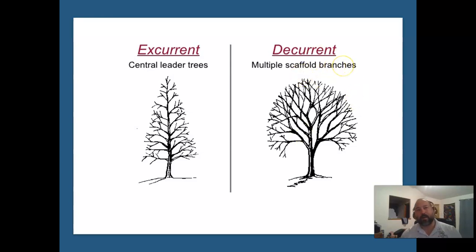Even in hardwood broadleaf trees, where you think of it as more of this decurrent form, sometimes we can get a nice strong central leader and then just have a lot of branches coming off. When we say decurrent, we're really talking about the idea that there's multiple leaders, and you can't really tell where the midline, that trunk or that bole of the tree, goes.